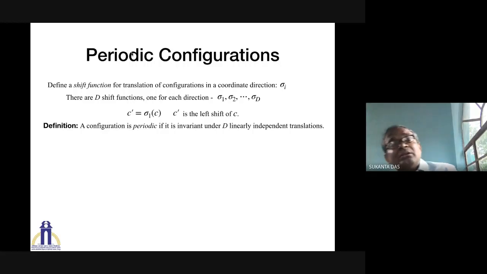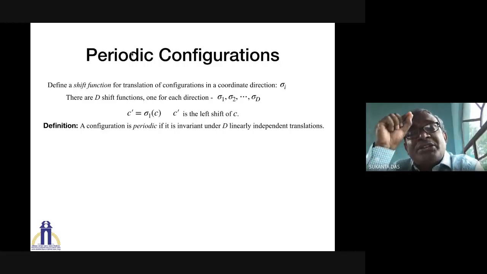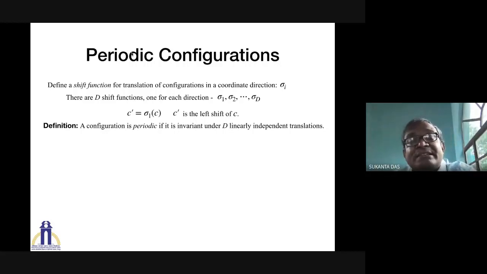Now with these functions, we can define the periodic configuration. A configuration is periodic if it is invariant under D linearly independent translations. This is the definition of a periodic configuration.